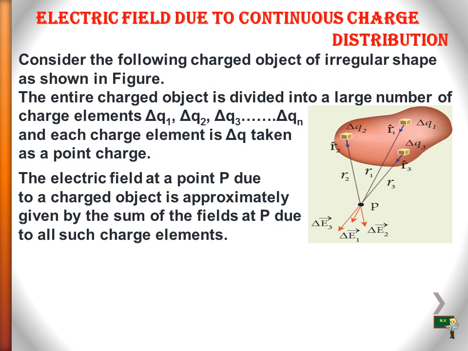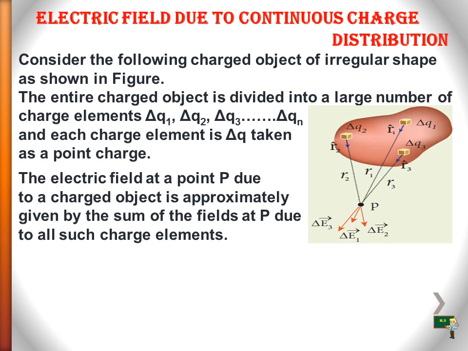Now the entire charged object is divided into a large number of charged elements. That's why we have del q1, del q2, del q3 up to del qn, and each charge element del q is taken as a point charge.